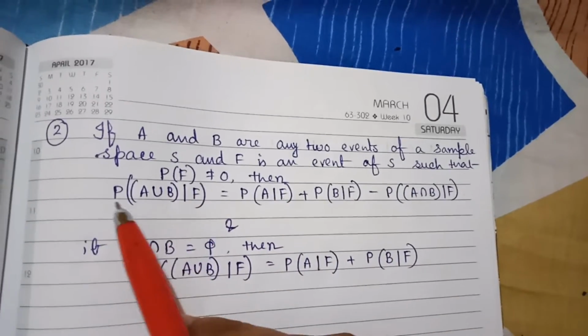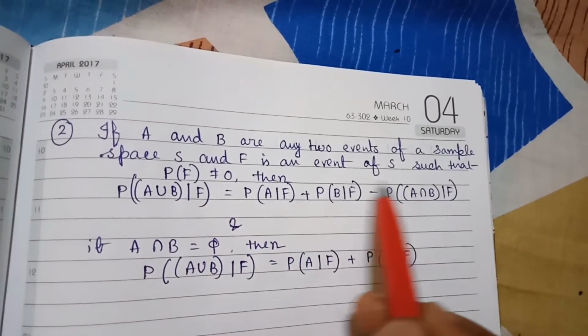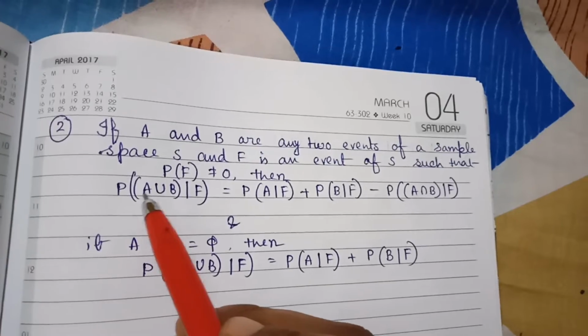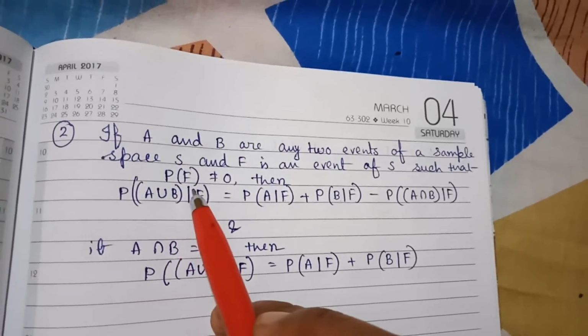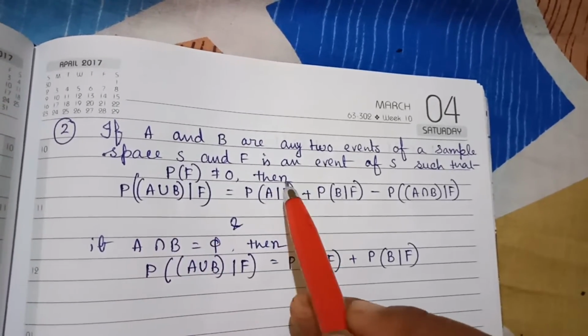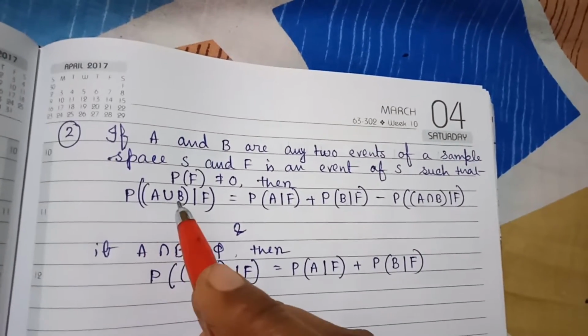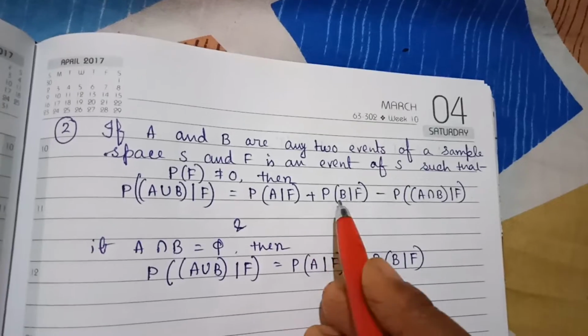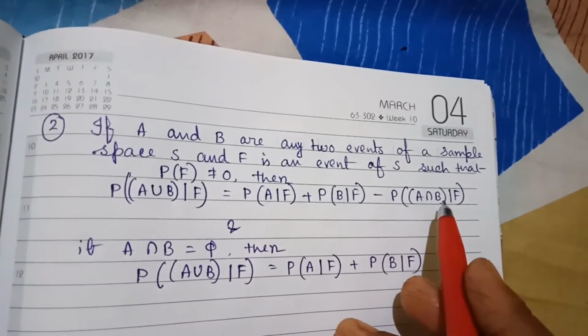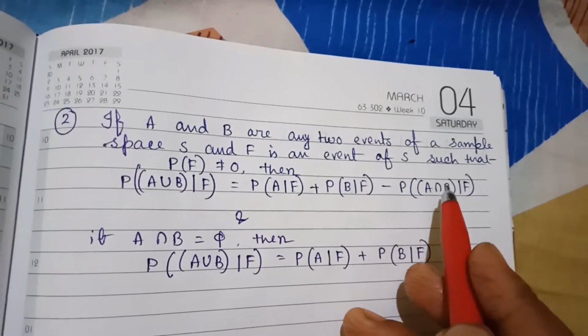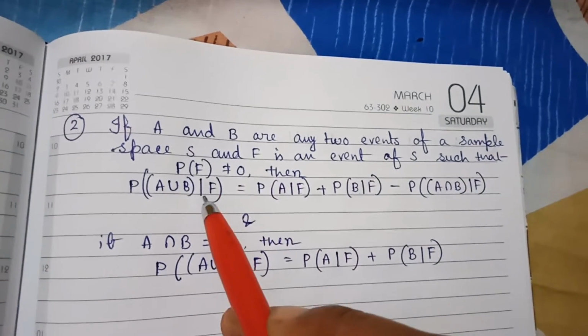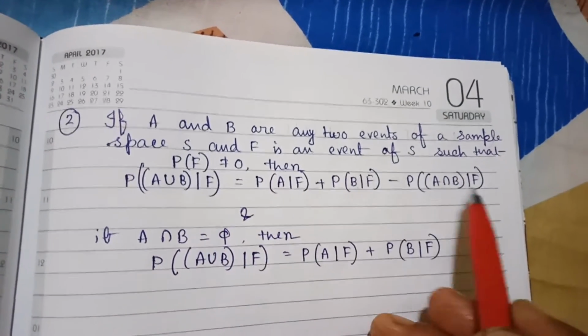You can recall the memory of this particular formula except the on F part. This is the same formula, P of A union B equals P of A plus P of B minus P of A intersection B. Just for conditional probability you need to add the conditioned part.